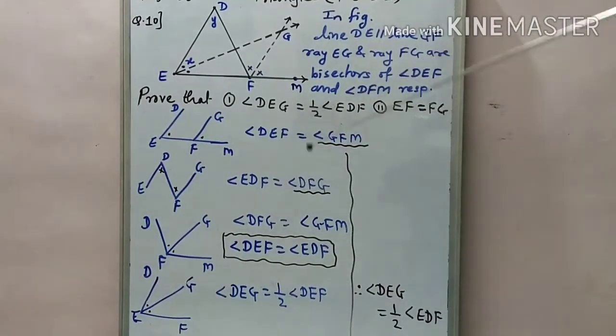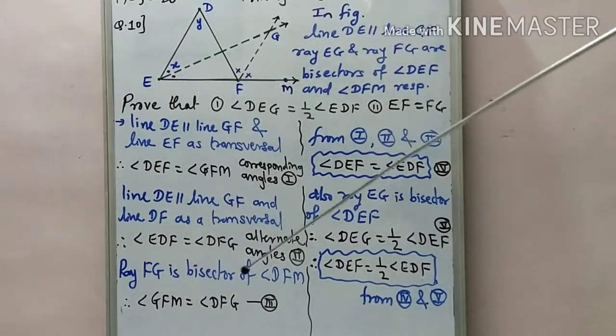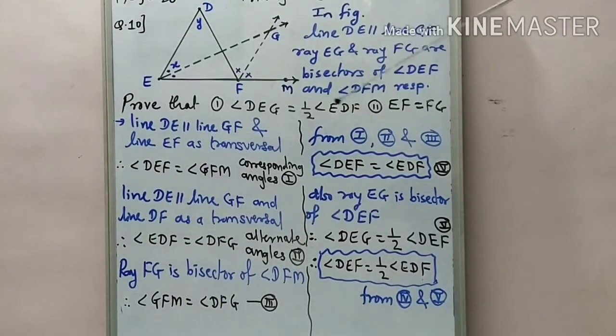This is the first part of what we have to prove. So like this we write down the proof of that first part.